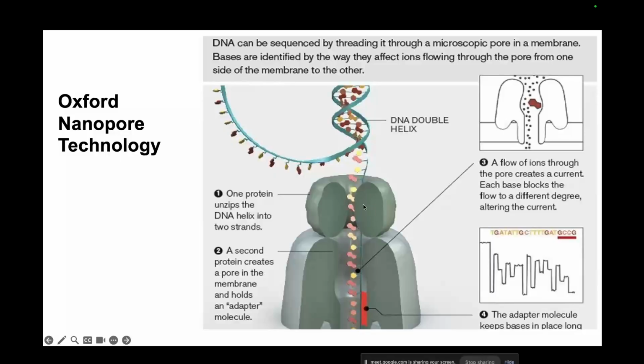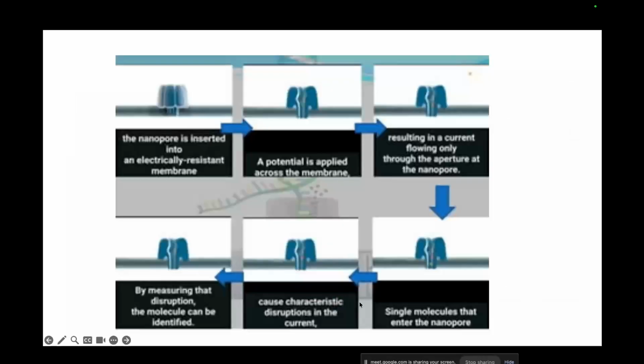On the top, the protein will unzip the DNA helix into two strands, so it will make it single stranded, and one of the strands will go through to the next protein, and the next protein will create a pore in the membrane and will hold an adapter molecule.